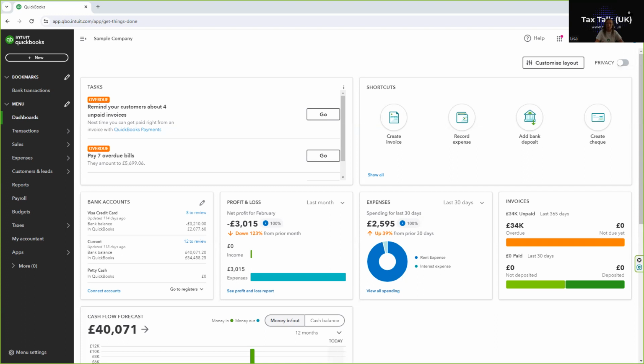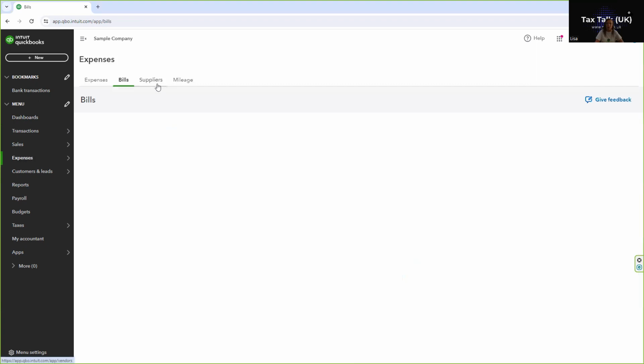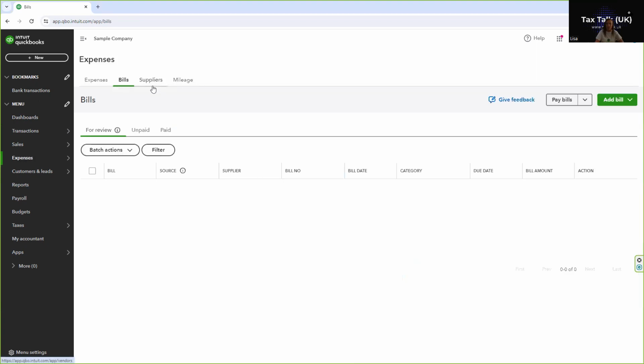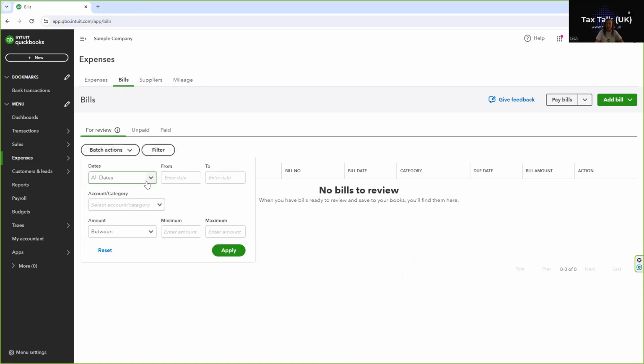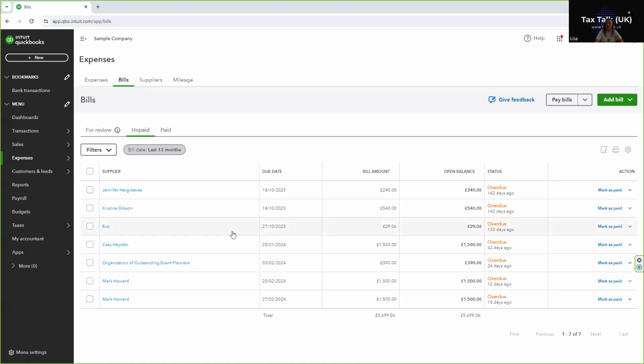So this is the process of what's happening at each point of those transactions. At the point that you enter the bill, if you go into the expenses and into the bill section of your QuickBooks software, you can see the bills that are unpaid. So all of these items, you haven't paid them yet to the suppliers.